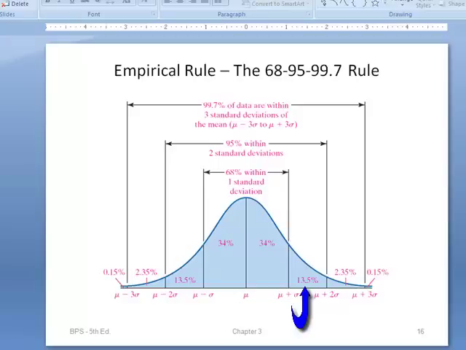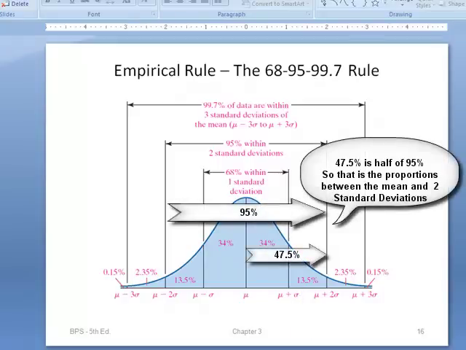Now, where did the 13.5% come from? Well, there's different ways to look at that. You could say, well, 95% of my data lie between 2 standard deviations from the mean. Take half of that, which would be 47.5% of my data would lie between the mean and positive 2 standard deviations from the mean.